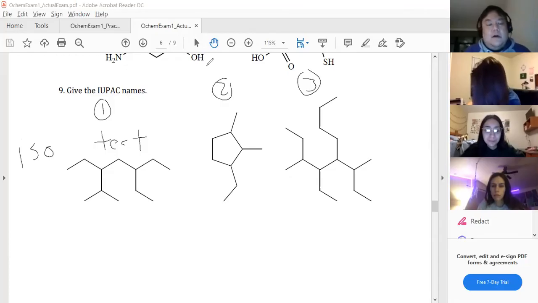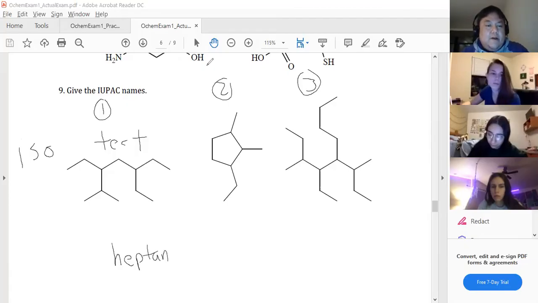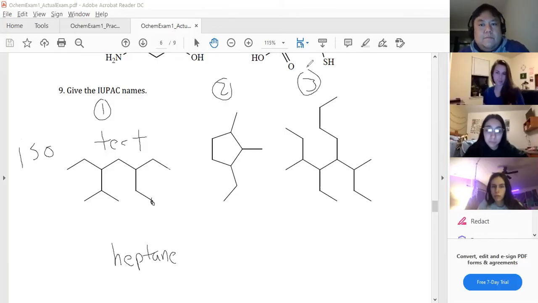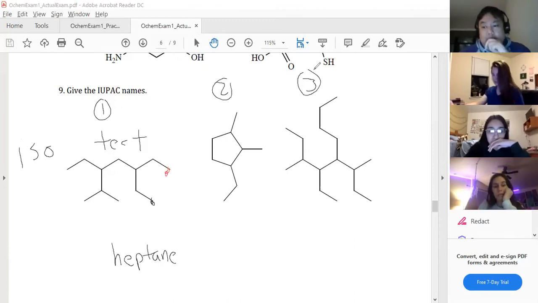So what's our longest chain though? What'd you say it was? I got heptane. Heptane is going to be our longest chain here, right? So if I go from right to left, just counting, it doesn't matter if I start here or here because that's going to give me the same thing, right?